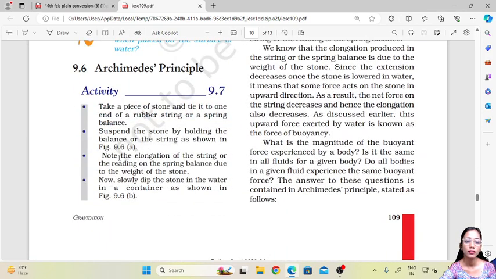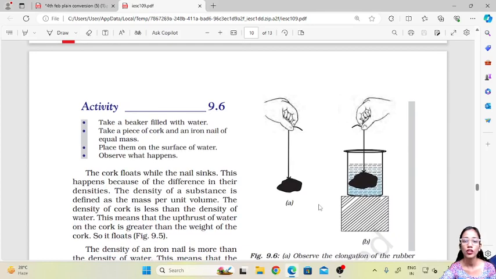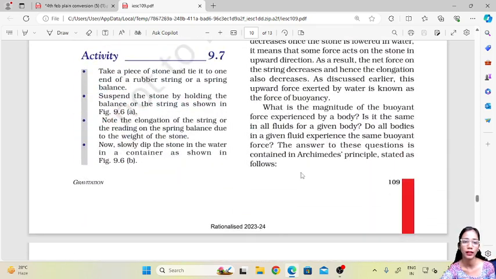Now slowly note the elongation of the string or the reading on the spring balance due to the weight of the stone. So you have to see how much the string is elongating, or if a spring balance is there, you have to note the reading on it. Now this is the first case.